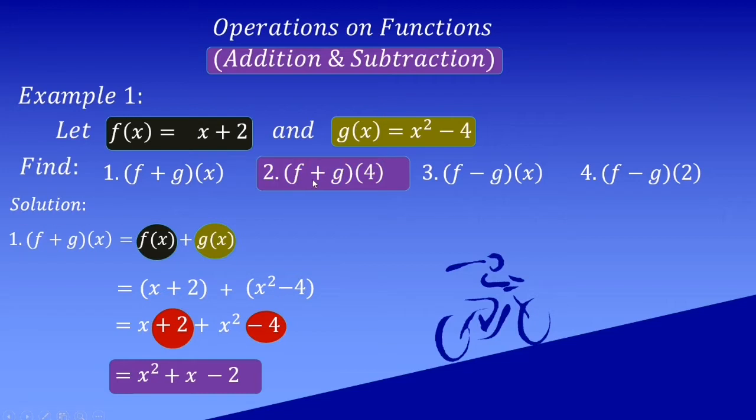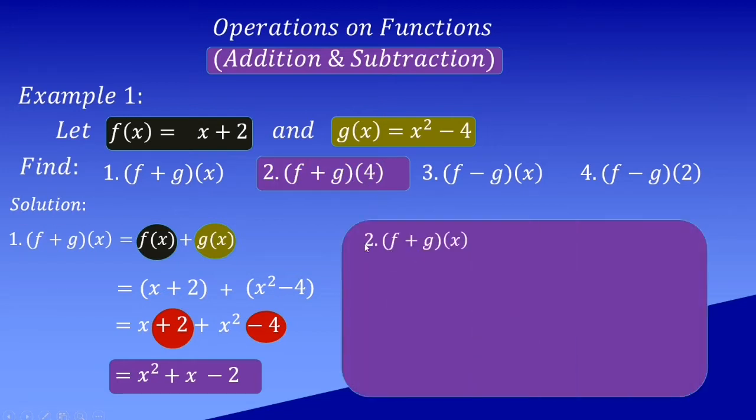Okay, for number 2, f plus g of 4. So how to solve this? We can use the notation of f plus g of x. Yan ang ating result from number 1, x squared plus x minus 2. Maaari natin itong gamitin for the value of x, that is 4. Replace all x by 4.